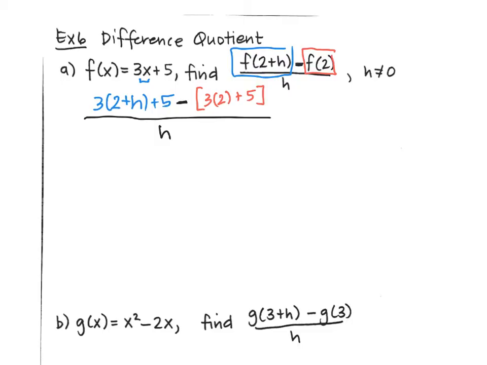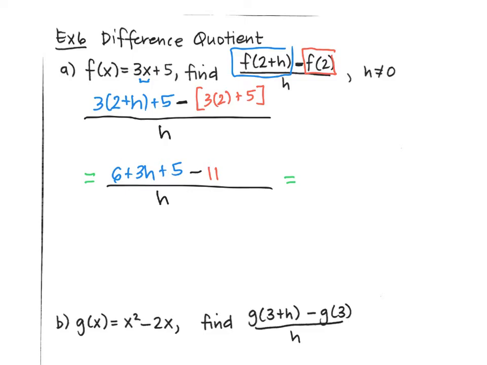Okay, from here, I am just going to simplify everything I just wrote. Okay, so let's see. In the numerator, if I simplify the blue part, I get 6 plus 3h plus 5 minus, what's 3 times 2 is 6, 6 plus 5 is 11, so I'm going to minus 11. And the entire thing's still over h. Okay, I'm going to keep simplifying this. See, are there like terms?